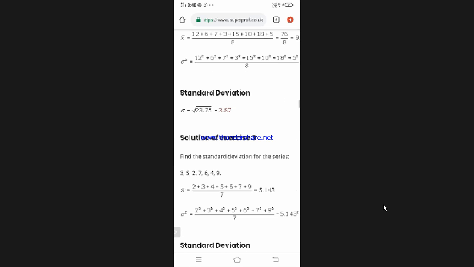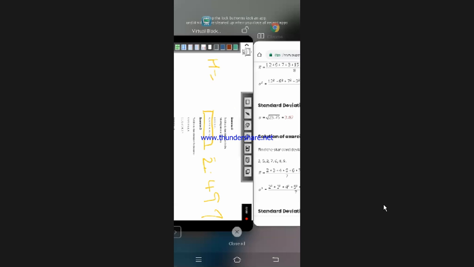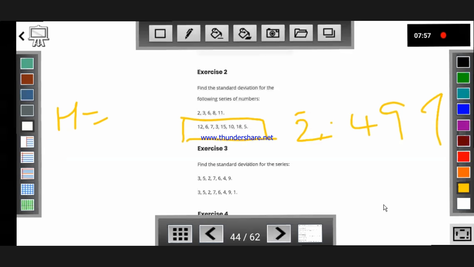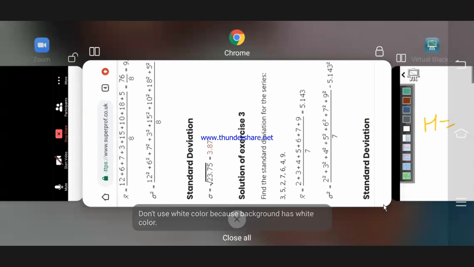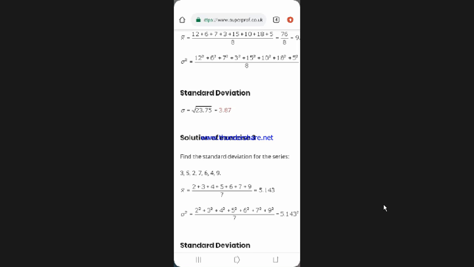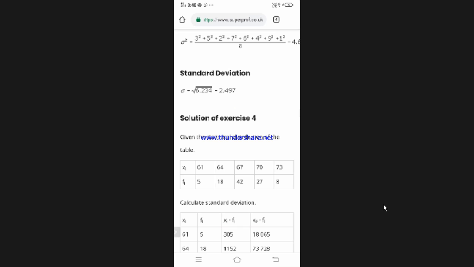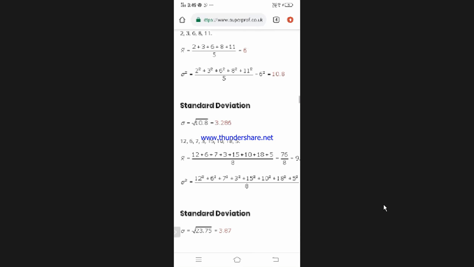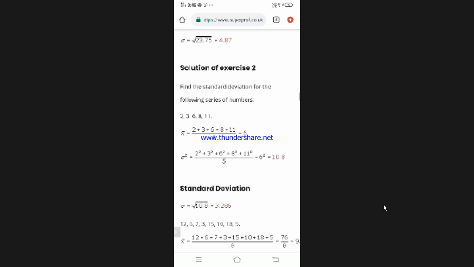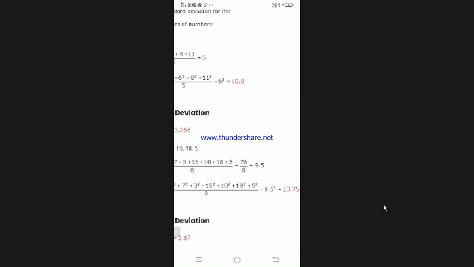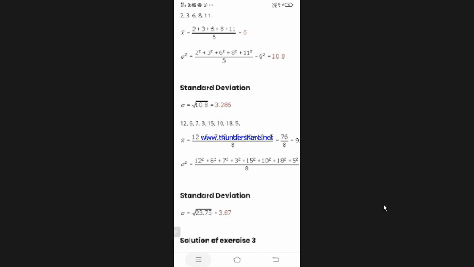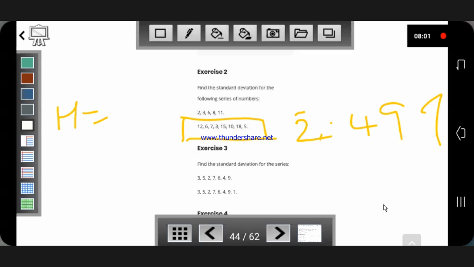Mean value is not 9.5, it is 5.143. Ma'am, you said the sum 12, 6, 7, 3, right? For that sum it is 9.5, ma'am. Yeah, 9.5. What's your answer? Root of 23.75, ma'am. Yes.